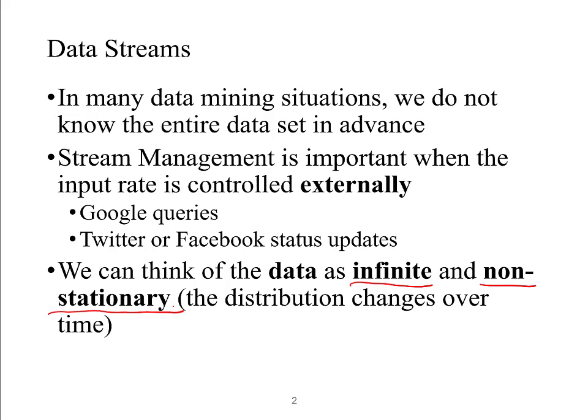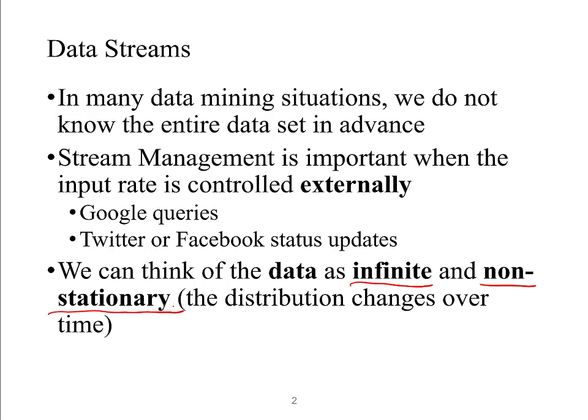In February this year, the hottest topic might be COVID-19, but in June, last month, the hottest topic might be Black Lives Matter. And this month, at least in Australia, I believe the hottest topic has become COVID-19 again. From this, you can see the distribution of the data changes over time.